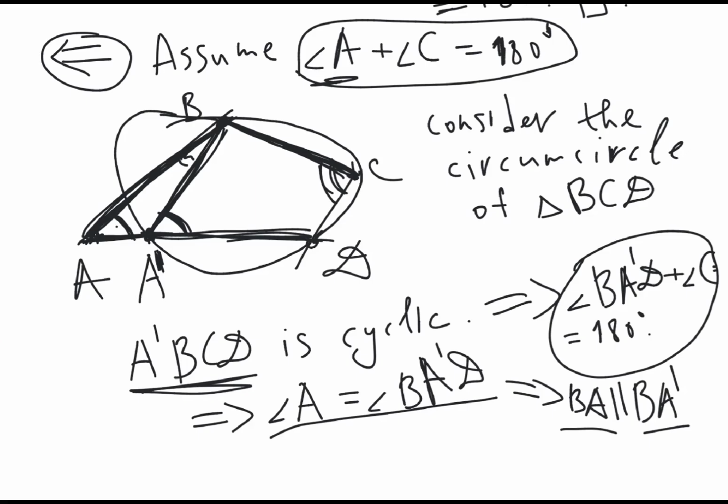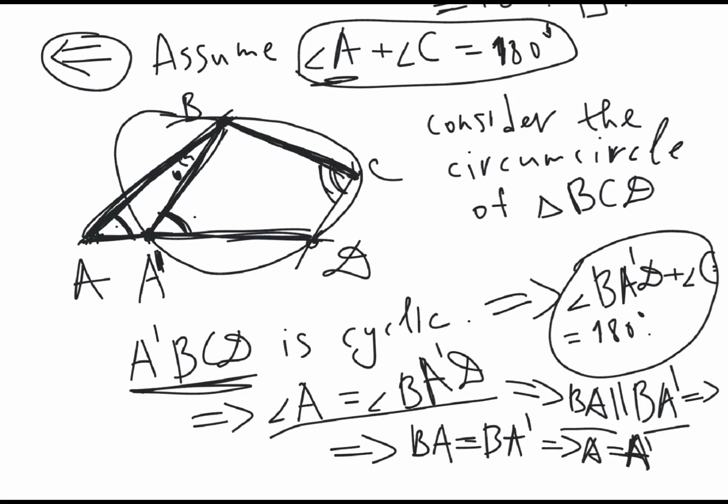But since these two are equal, then the angle B A prime would be 0. But anyway you prove it, the conclusion is that BA is the same line as BA prime, and from this we conclude that A is equal to A prime. A and A prime is the same point.